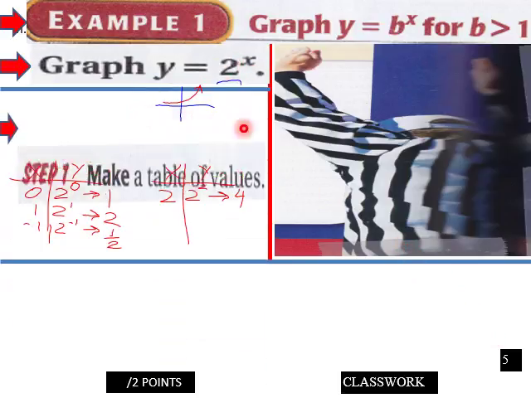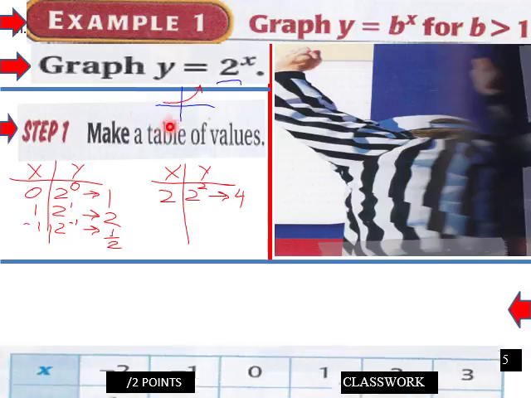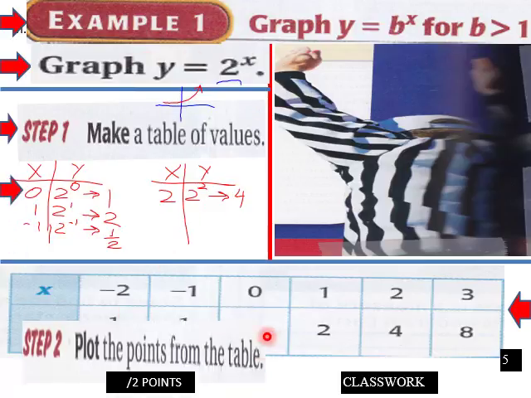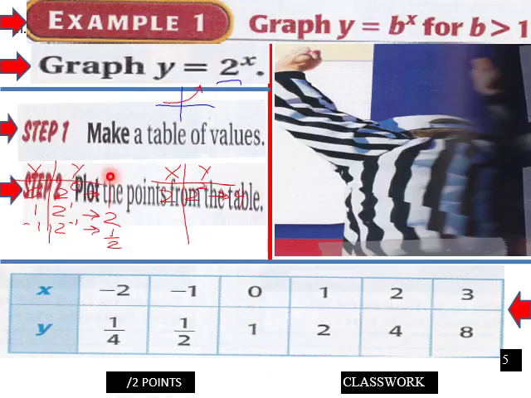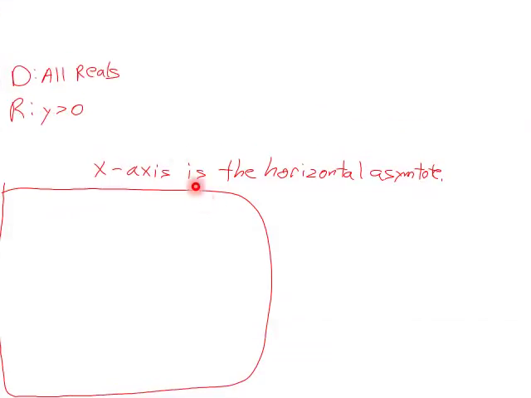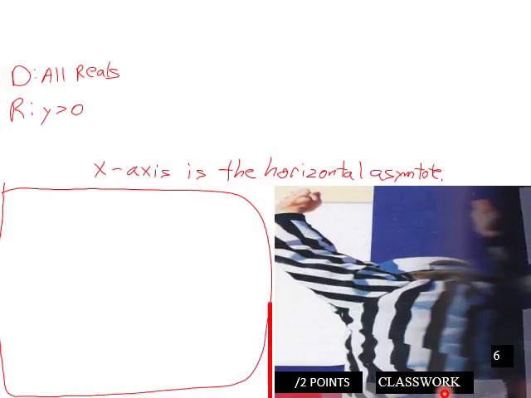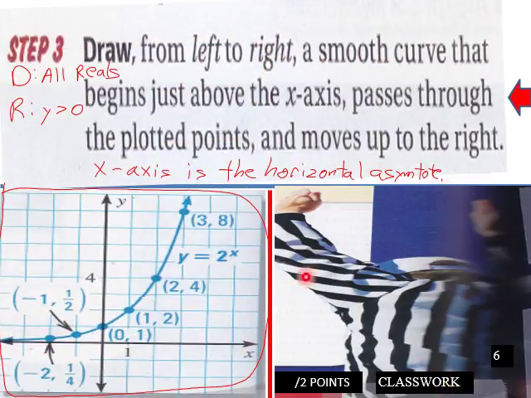Graph y equals 2 to the x. Make a table of values. Here's your table here for y equals 2 to the x. Step 2, plot. So we're going to plot here on slide 6, classwork. So here is our plot here for y equals 2 to the x.